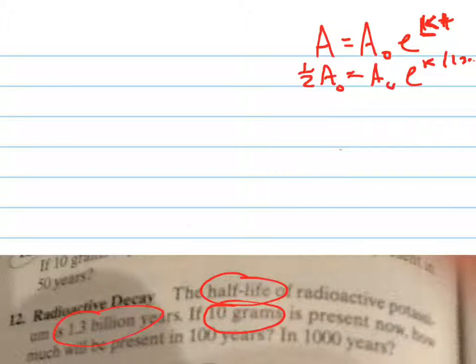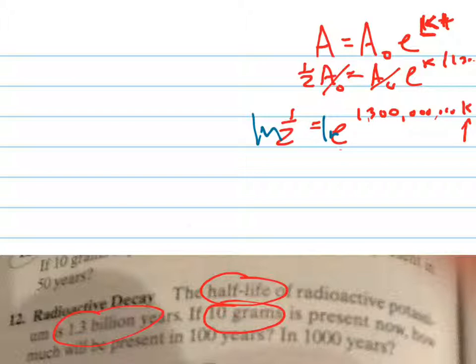Okay, so these A sub zeros are going to cancel out, and we're going to have 1/2 equals E to the 1.3 billion times K. That's our equation, and we can solve for K by taking the natural log of both sides. When I take the natural log of this, that goes away, and I just get the natural log of 1/2 equals 1.3 billion K.